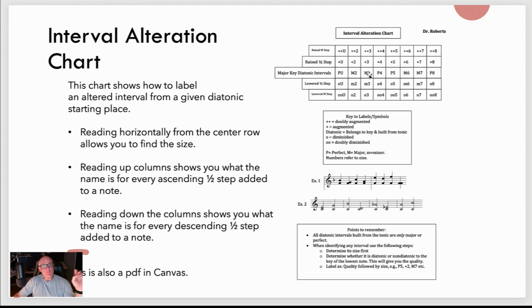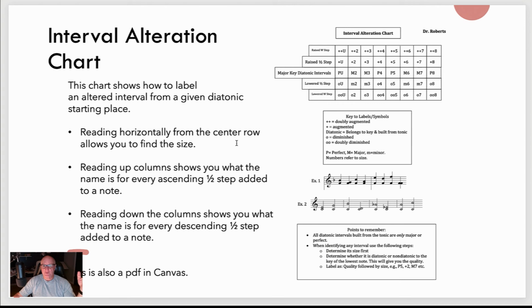But if you take a major interval and lower it a half step, it becomes a minor interval. You have to lower it 2 half steps to get it to be diminished. And we don't see those very often. So the ones that are right in the middle, you can see where my cursor is kind of circling around them. Those are the most common intervals.